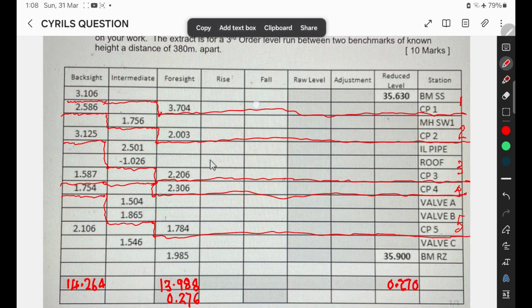This one here is 0.598. We just take this one minus that one for that setup. Then we do another setup.